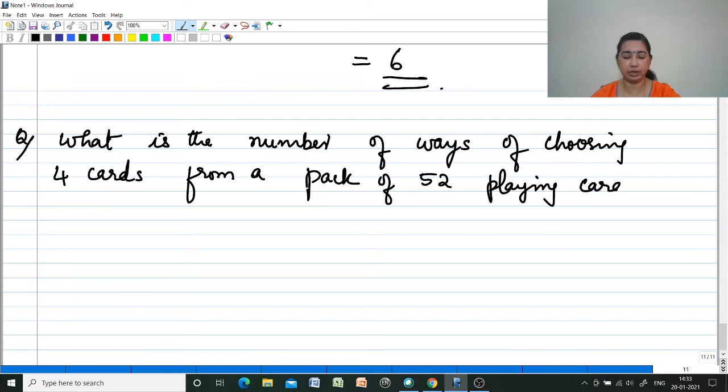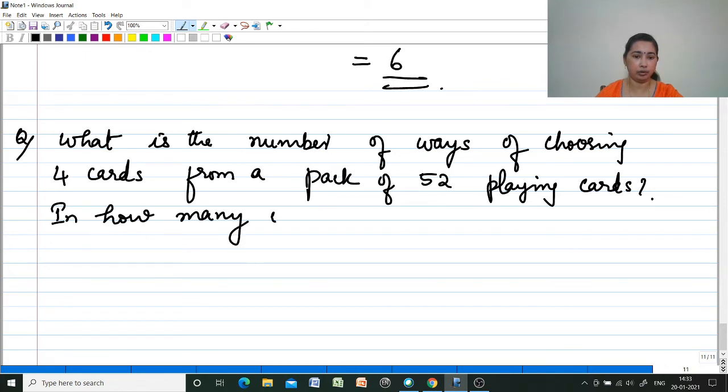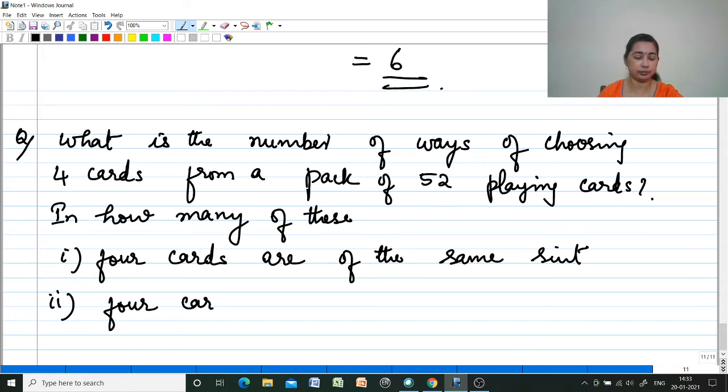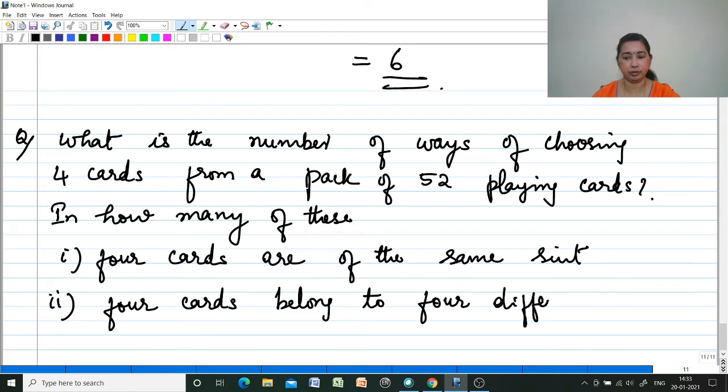In how many of these: first one, 4 cards are of the same suit. Second one, 4 cards belong to 4 different suits.